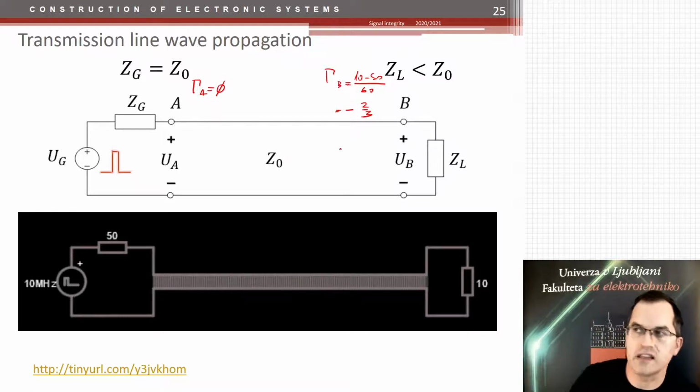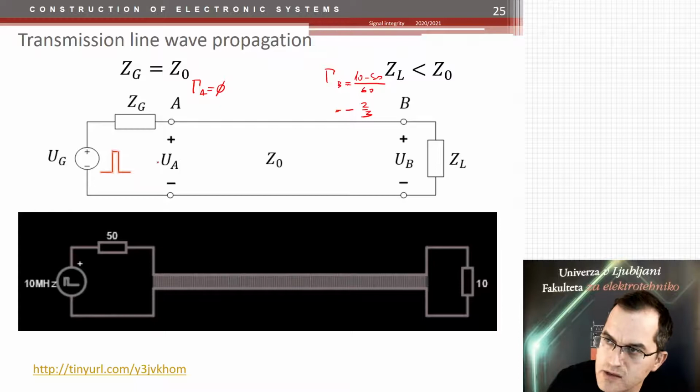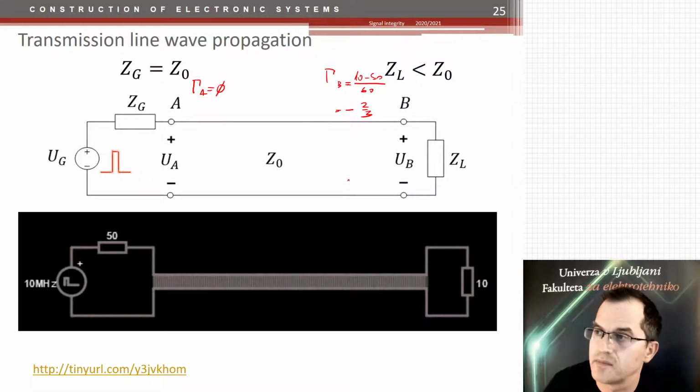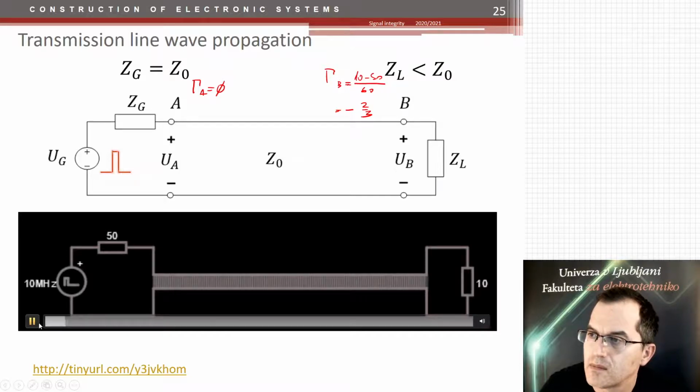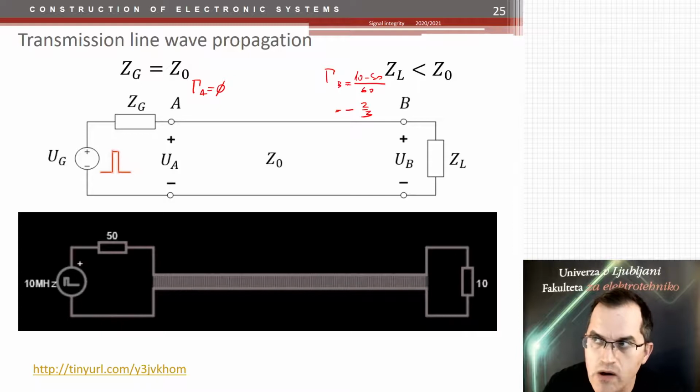Now we have a negative reflection coefficient. So the positive wave would go there, and then it will reflect back with a negative polarity. You see that? We have a negative wave coming back, and then everything is over.